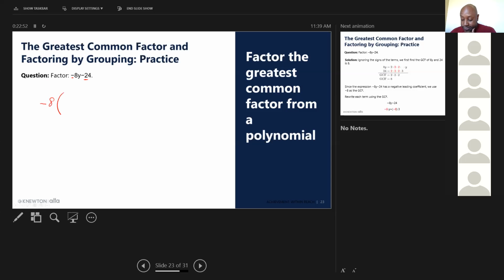And then write my parenthesis. And now I ask negative 8 times what would give me negative 8y? Well, that's just y. And now negative 8 times what would give me a negative 24? Plus 3. That's right, it's going to be a plus and then 3.